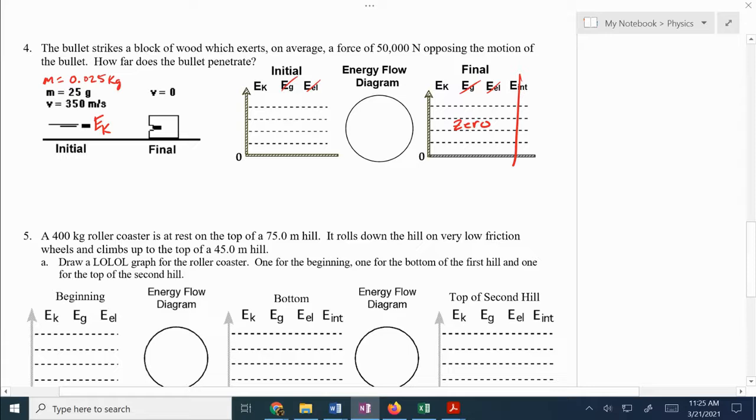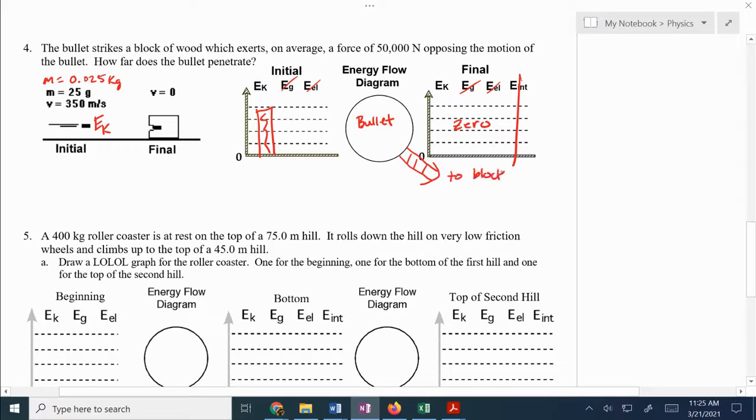So what should we include in the system? Obviously, probably the bullet. And then the question is, do we include the block or not? If we think about this, we start out with some kinetic energy. I'll go ahead and put four bars of kinetic energy there. We know that we have 0 energy at the end, so the only possibility is that all 4 of those bars of energy have left. And where did they go? They went to the block.